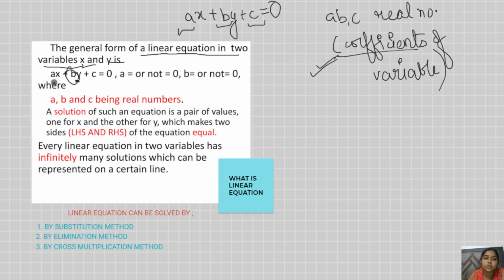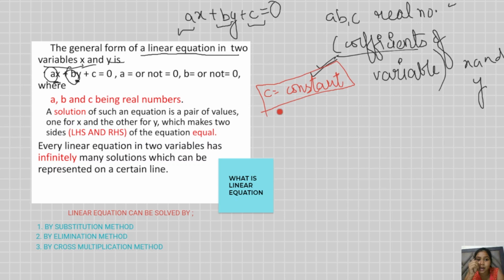So a, b, c are real numbers, and a and b are the coefficients of the variables x and y respectively. And c, as you know from our earlier sessions, is the constant term in this standard equation, right?